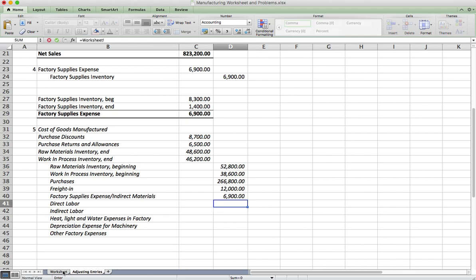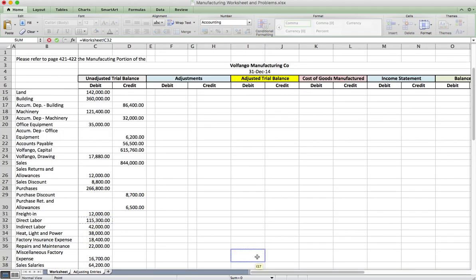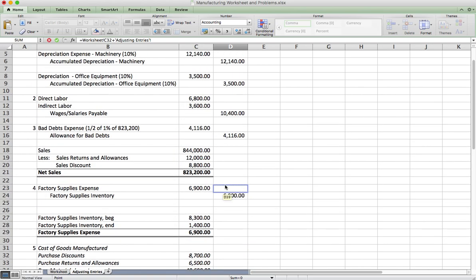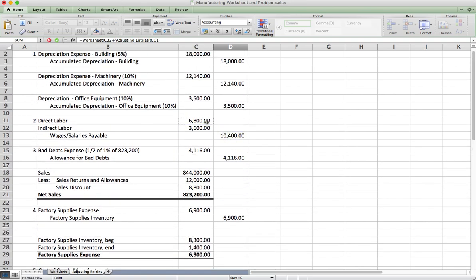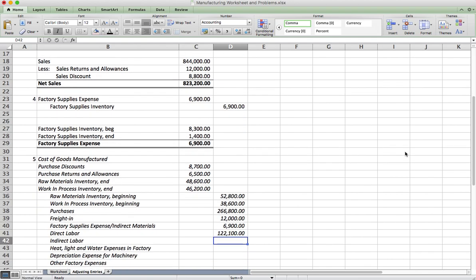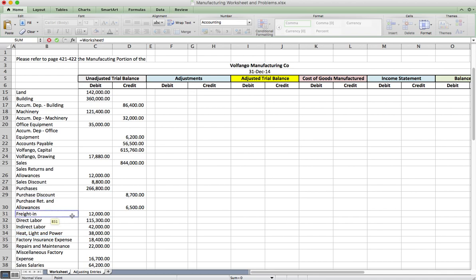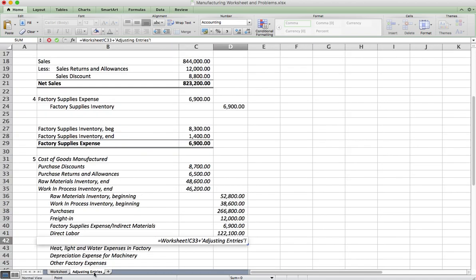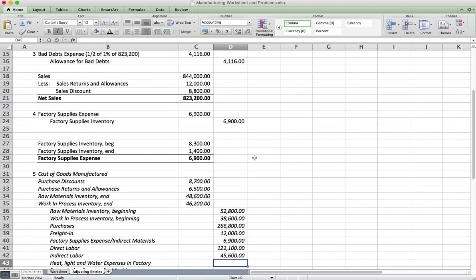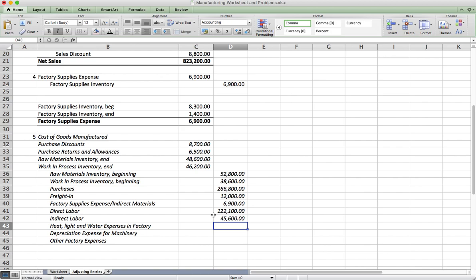Magkano yung direct labor natin? 115,300 plus. Naalala niyo, may adjustment tayo kanina. So, wag niyo lang kakalimutan kung may mga adjustment, ha. 6,800. And then, indirect labor. Worksheet. Plus, may adjusting entry tayo, 3,600. And then, ano yung mga expenses?